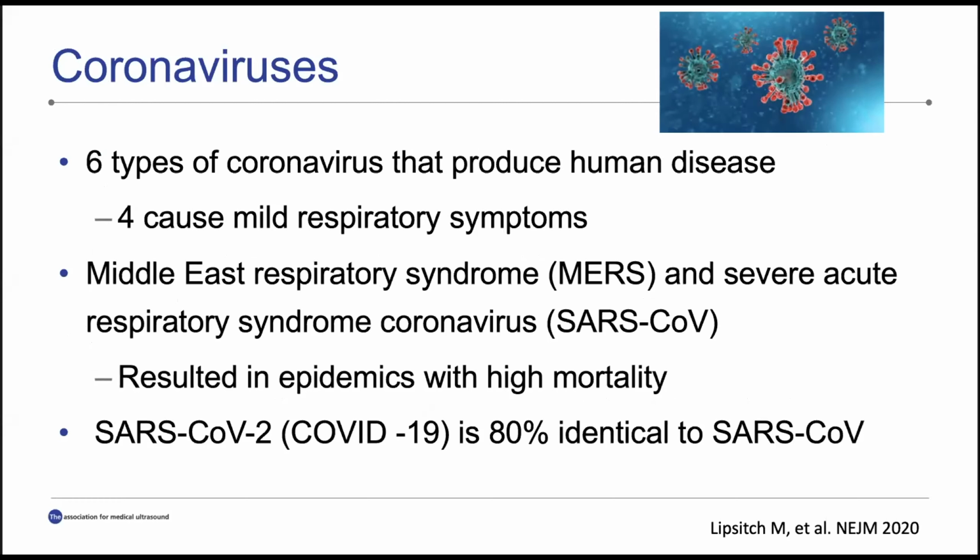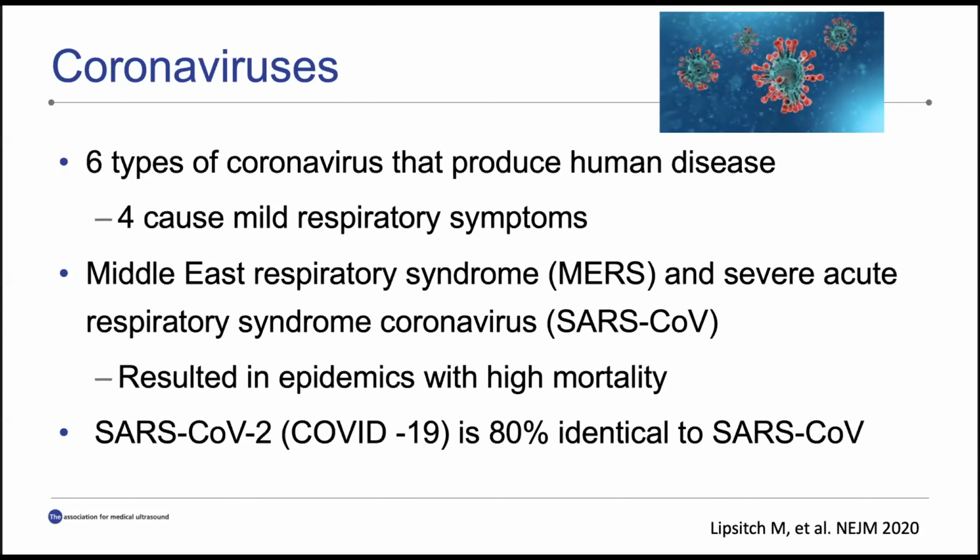And these were very well known to us, as they had reached news and were very concerning for causing a pandemic. But the virus that we're going to be referring to tonight is the SARS-CoV-2 or COVID-19 virus, which is currently causing this current pandemic and is seen to be 80% identical to the SARS-CoV virus that is associated with the severe acute respiratory syndrome.